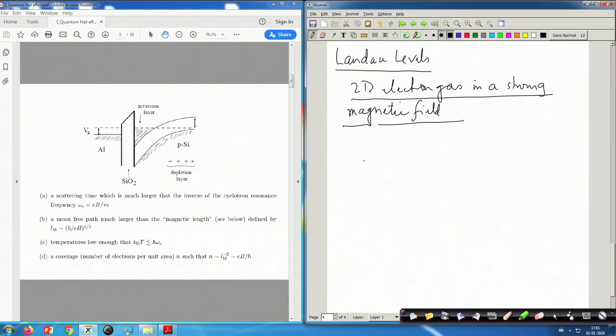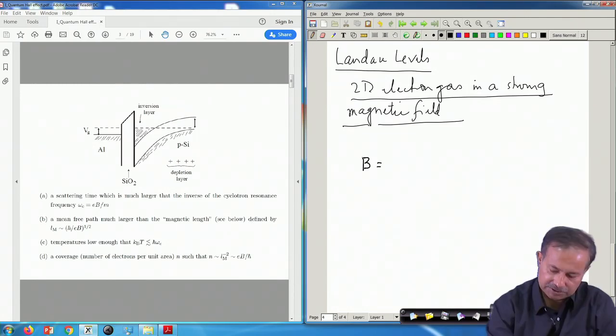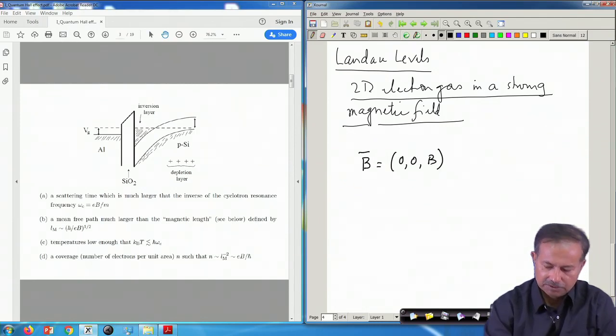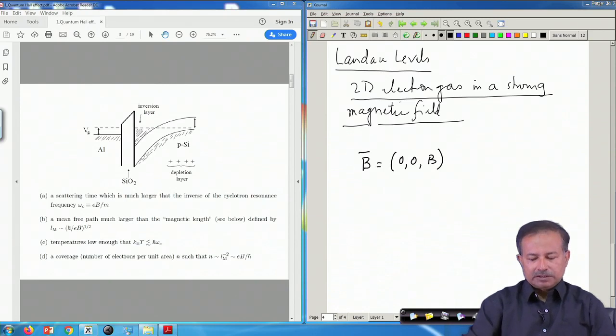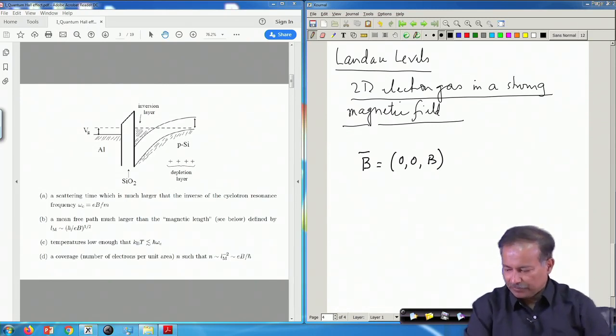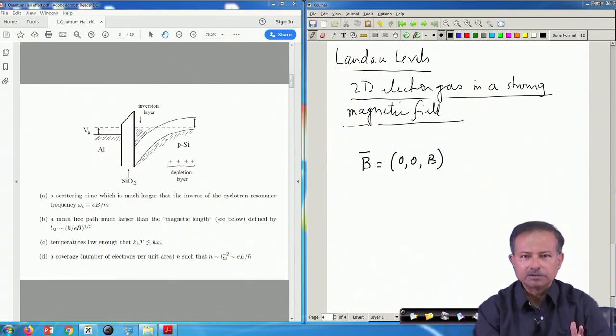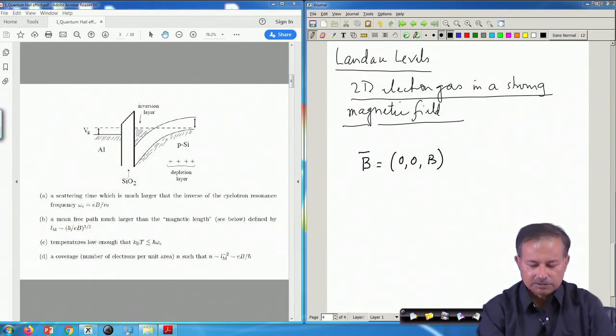See, B is basically a vector which is 0 0 B. Only the Z component exists and its value is B. Now, we know how to solve the Schrodinger equation for such a situation. How does one do it?